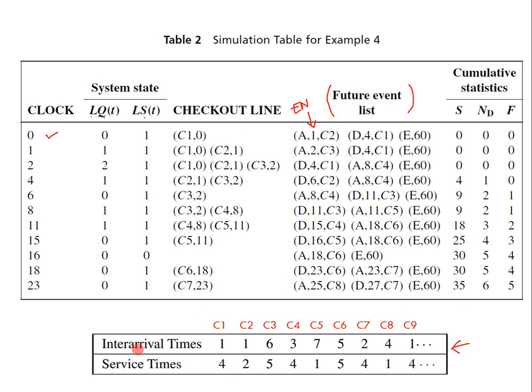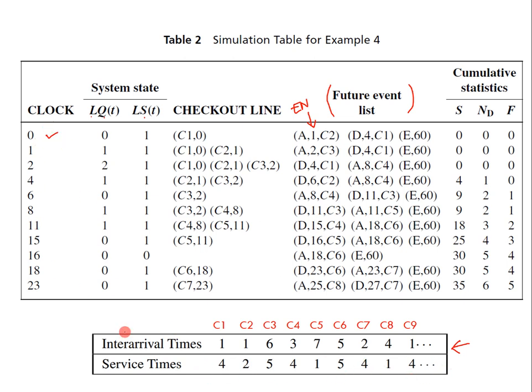If you specify it yourself, let's say the service time is constant, or it depends on the type of the customer, you can specify what the value will be here.